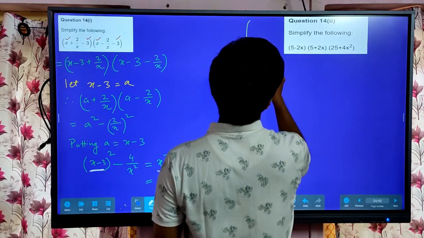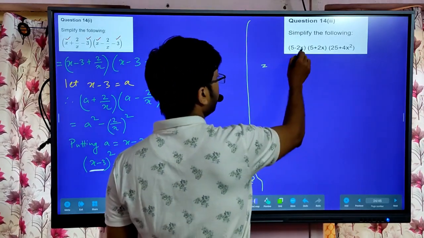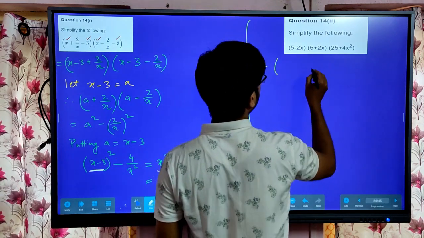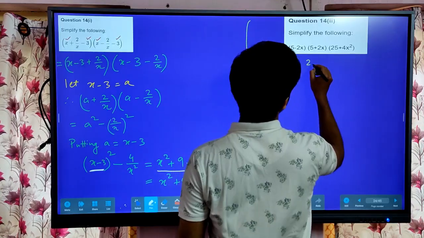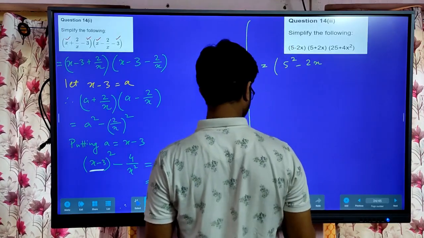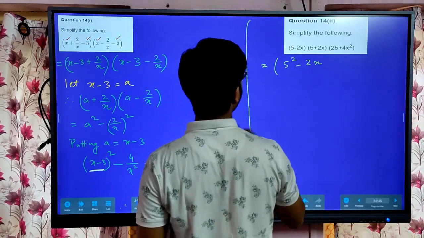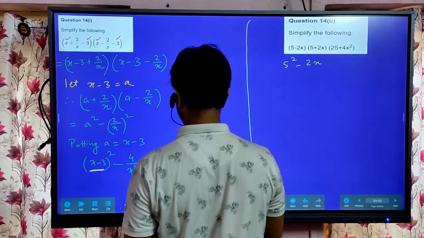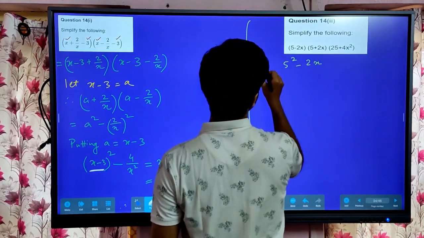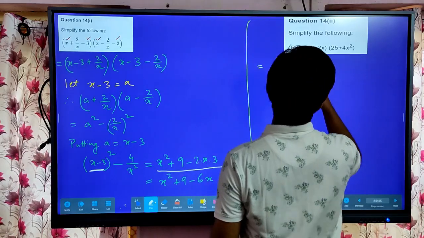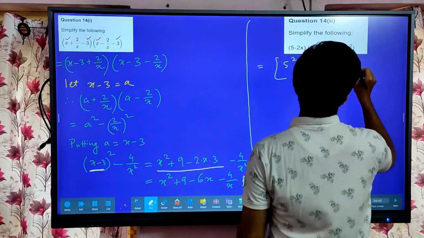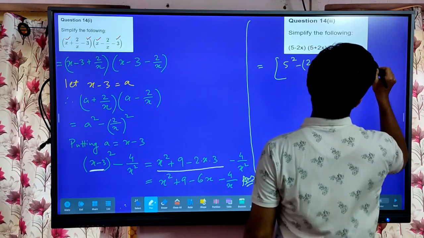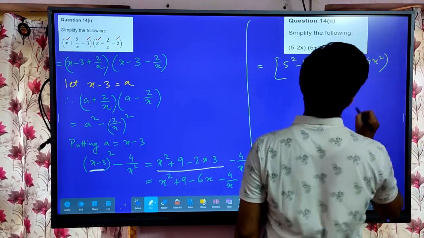So this will be 5 minus 2x, 5 plus 2x. So we will separate this and write 5 square minus 2x square, times 25 plus 4x square.